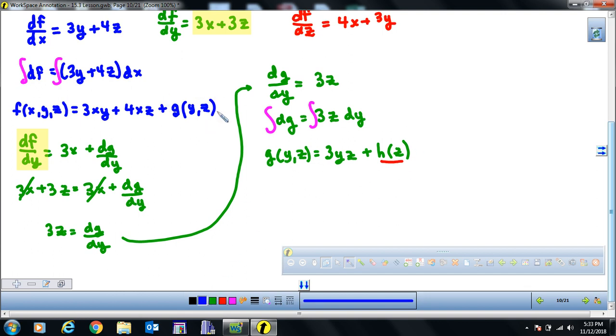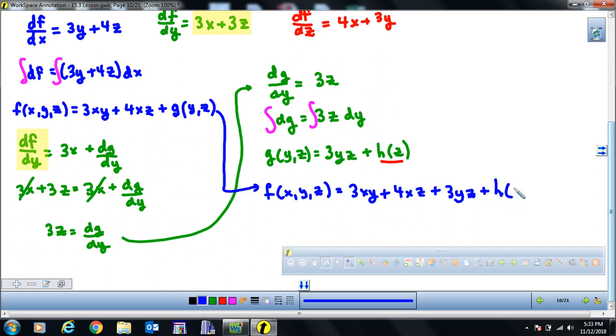So f of x, y, and z equals 3xy plus 4xz plus the function g of yz, which is right here, 3yz plus some possible function h of z, or maybe a constant. We don't know. So now let's use the last condition.